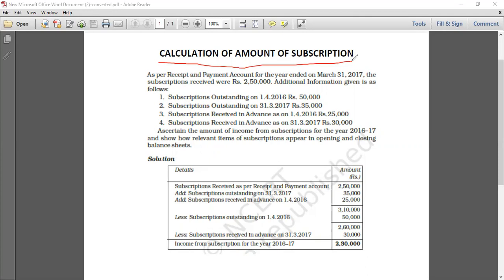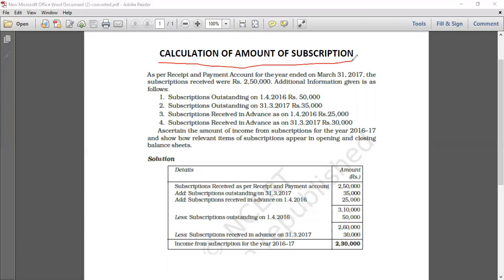But while preparing the income and expenditure account, we have to be very strict regarding the amount received. We have to show only the amount which is related to the current year, and while calculating that, we can also have amounts such as outstanding subscription.